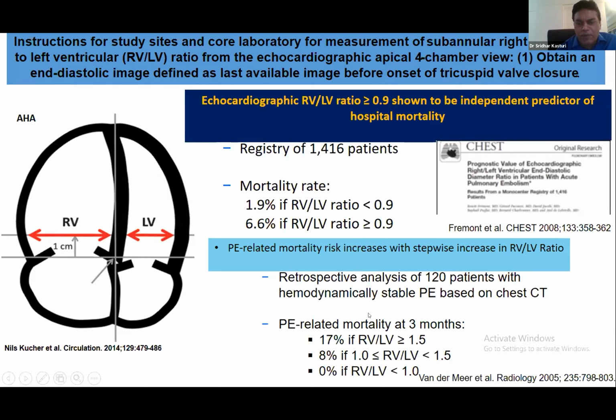Suppose the ratio is more than 1.5, it's 17%. So the bigger the RV, the more the mortality. So take the ratio, and if it is more than 1.5, that means 17 versus when the ratio is less than 1, that is 0% mortality.